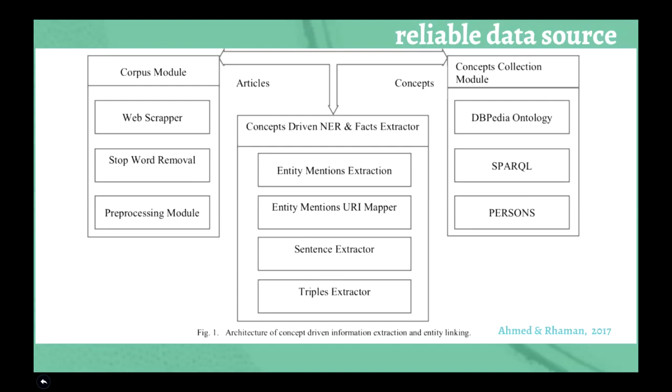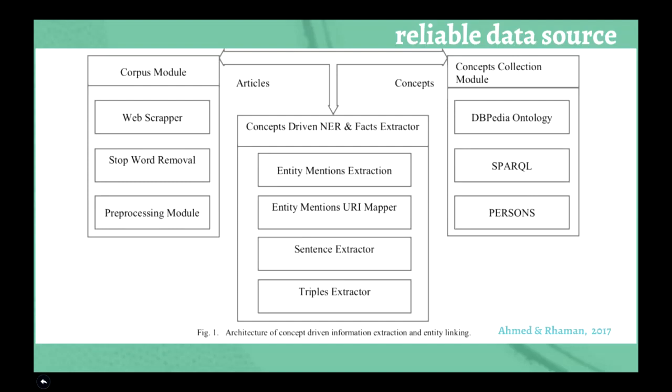So those items need to be established in order to do a clean extraction process without grabbing unnecessary information. And the concepts collection module is based upon DBpedia ontology, which, as we know, is extensive, SPARQL, which is the database search and retrieve, and persons.